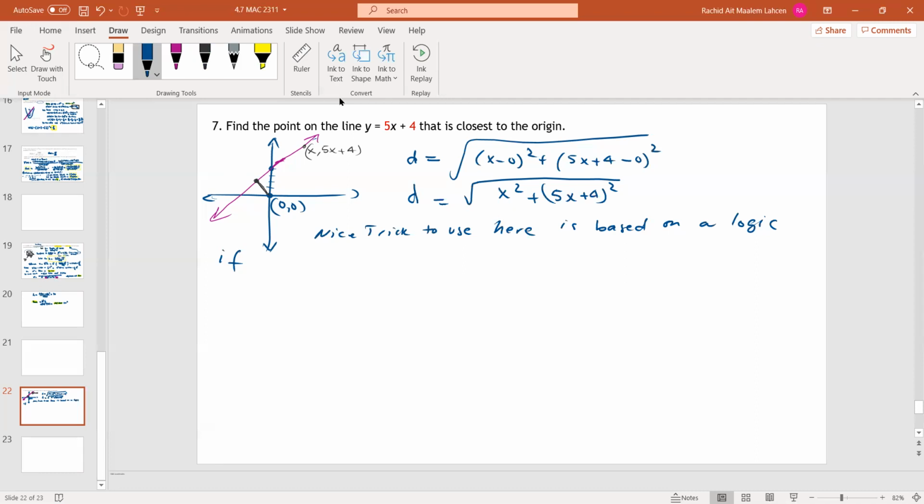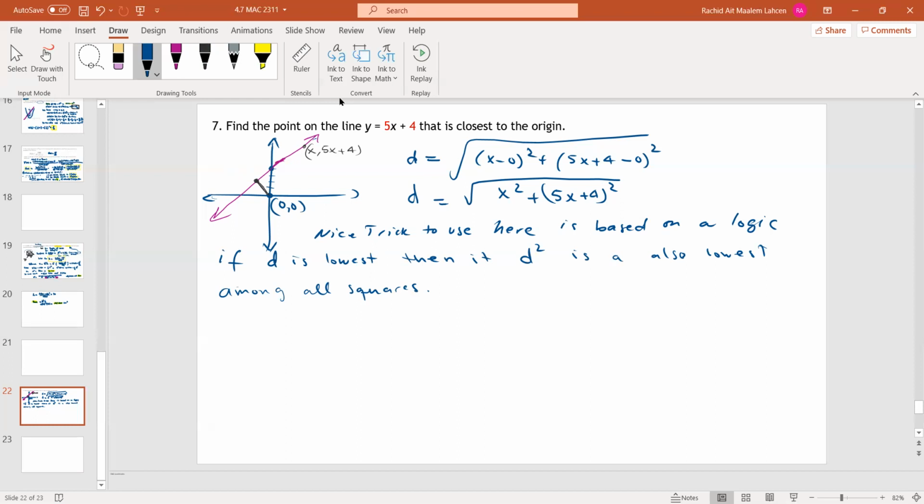So if d is lowest, right, then its square is also lowest among all the squares, right? So this is to make this problem easier to do. That's what this trick will do.